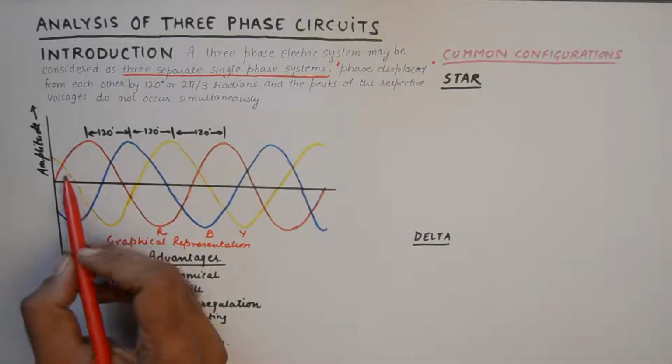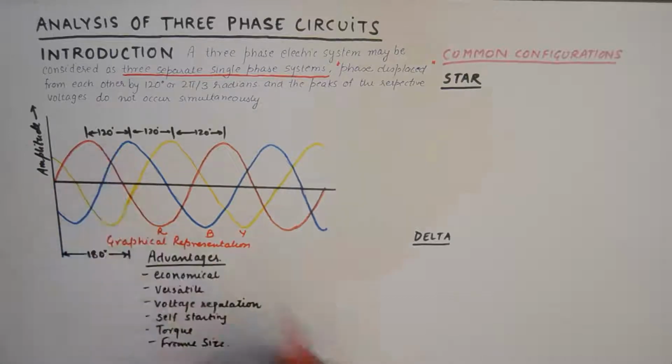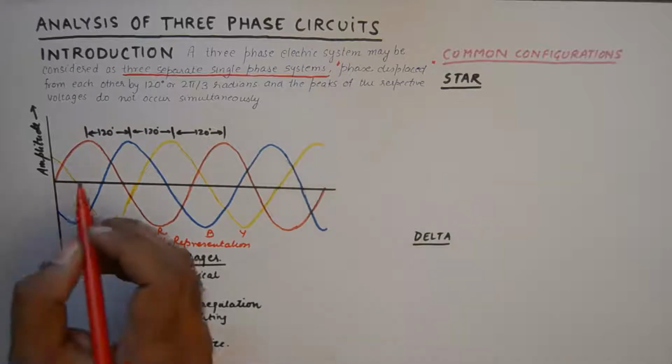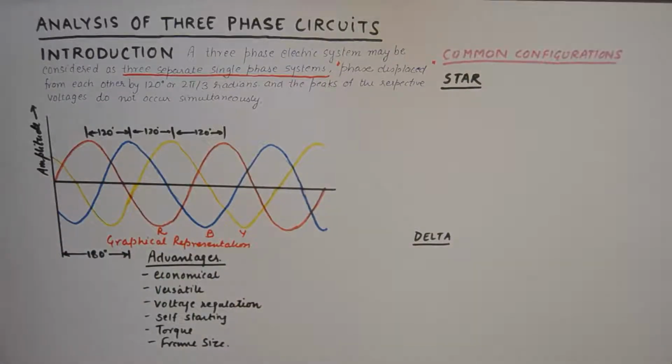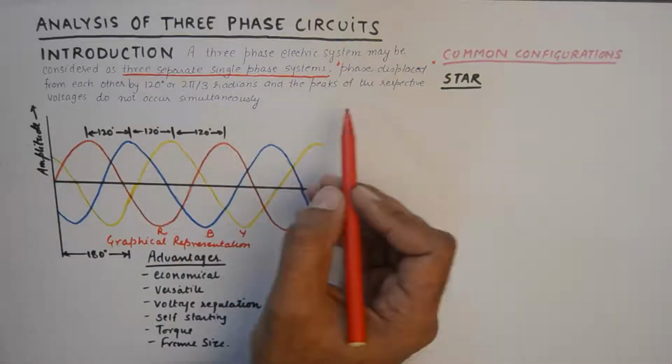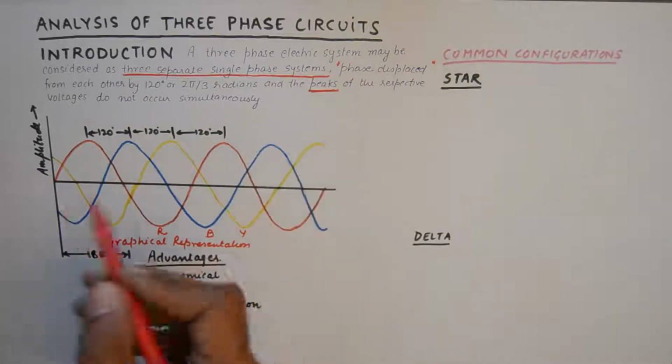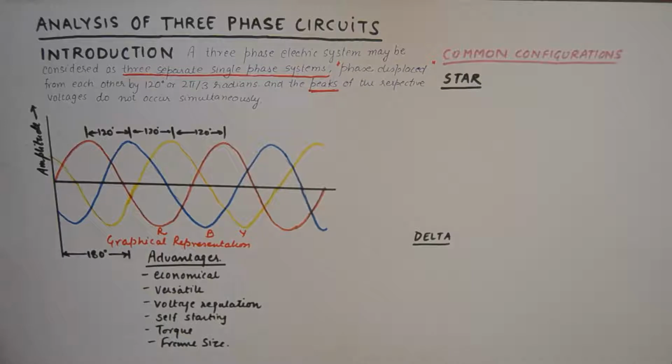If you look at these voltages, they all have the same amplitude, but they are phase displaced from each other by 120 degrees. So the peaks are not occurring simultaneously.